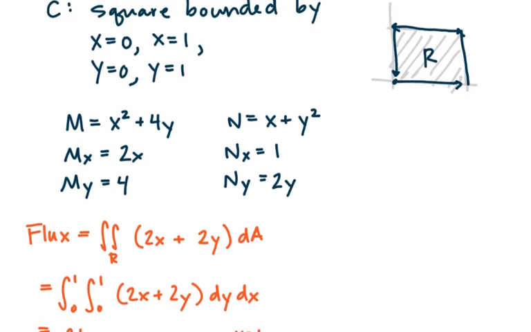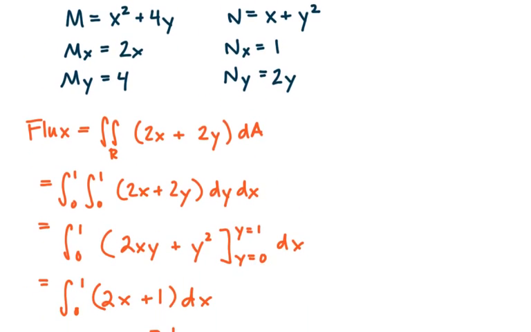And calculating the counterclockwise circulation, similar integrals, the double integral over the region R. In this case, we have N sub x, which is 1, minus M sub y, which is 4, dA.